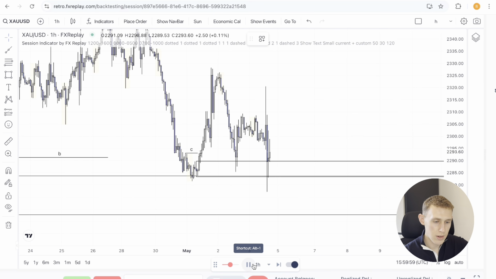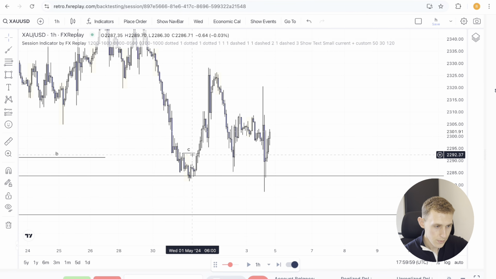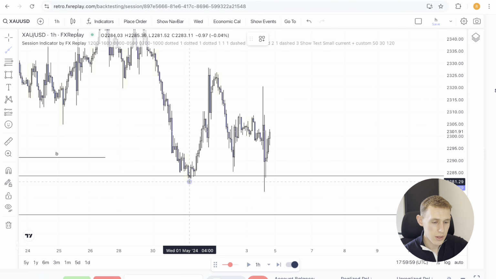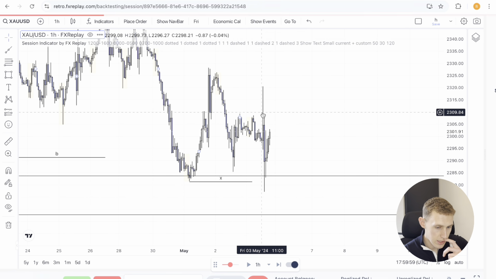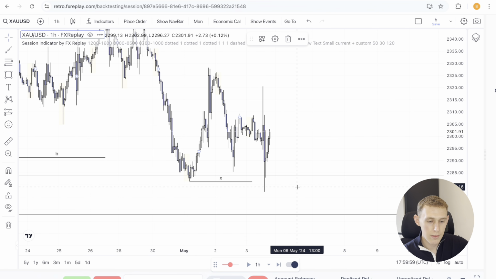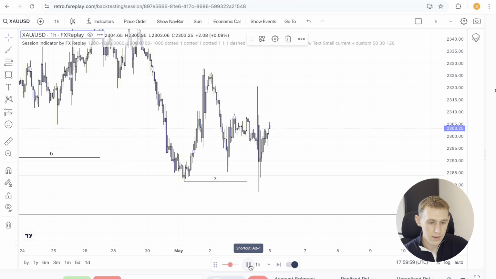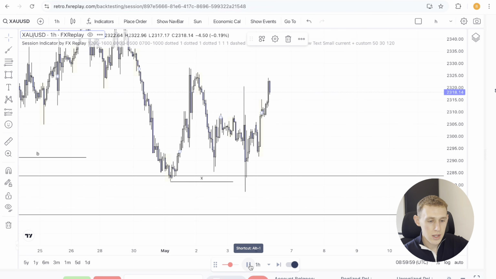Yeah, there we go. So it did re-grab the low anyway. Still within this 4-hour demand zone though, so as long as it holds this rectangle, this area of demand, then it's fine to look for a re-entry. Or a first entry. We didn't get an entry anyway.